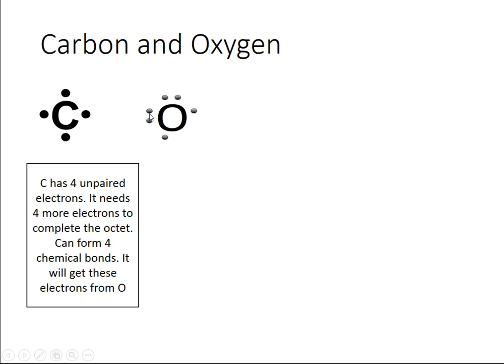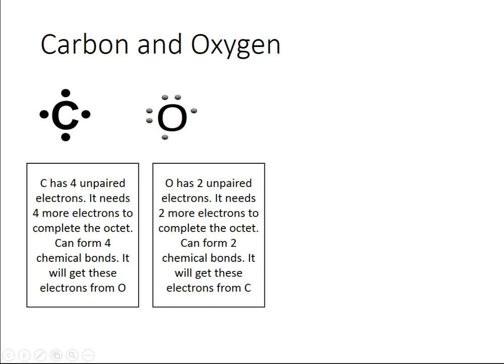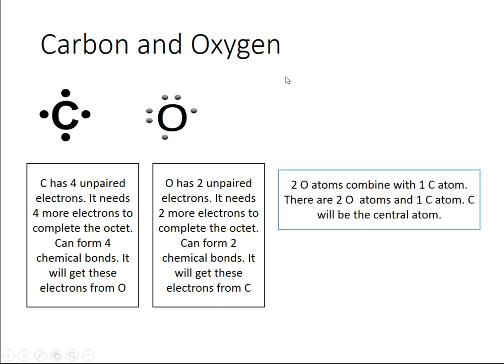These ones will not form chemical bonds because they are already paired. So how do we combine them? 2 oxygen will combine with 1 carbon atom because carbon needs 1, 2, 3, 4. Oxygen can offer only 1, 2. So we need 2 of these to achieve 4 chemical bonds on the carbon.